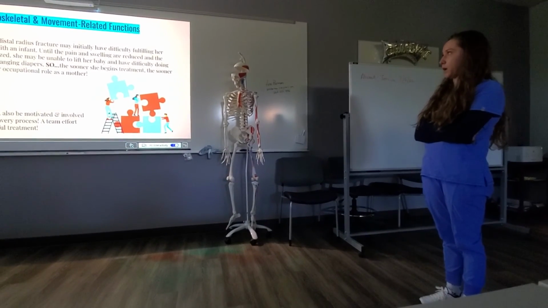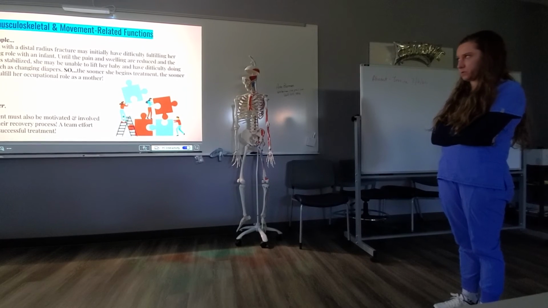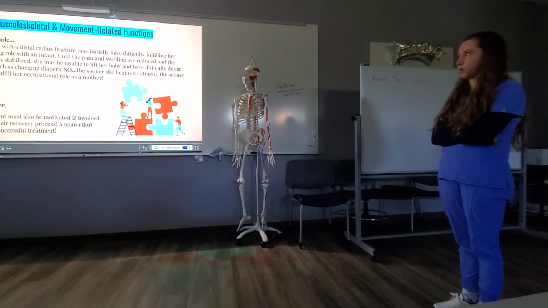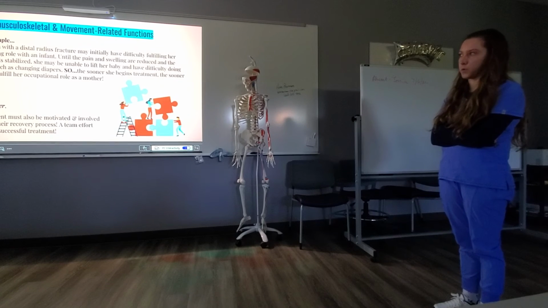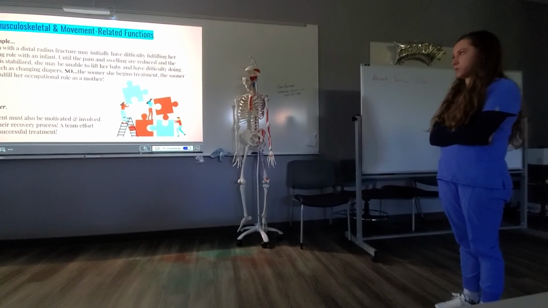She may be unable to lift her baby and have difficulty doing things such as changing diapers. So the sooner she begins treatment and the recovery process, the sooner she can fulfill her role of being a mother. And then it's important, obviously, for the patient to be motivated in their treatment as well.